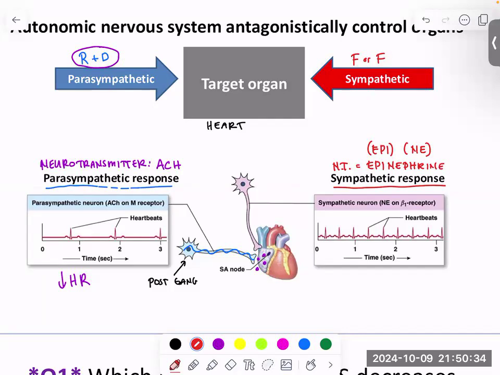So this postganglionic neuron of the sympathetic division is going to send an action potential down. And here it's going to release the epinephrine. The epinephrine is going to elicit a fight or flight response. Therefore, it's going to increase heart rate. Both will tell the heart what to do. One will increase heart rate, one will decrease heart rate. One uses acetylcholine, one uses epinephrine.